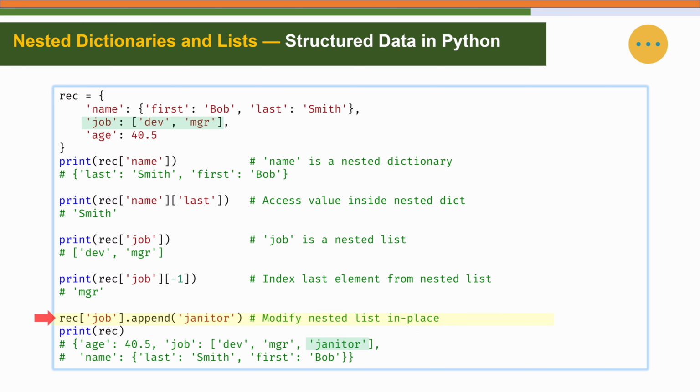So this is a key difference between lists and dictionaries, which are mutable, and strings and tuples, which are immutable. The nested model gives us both flexibility and structure that is perfect for representing hierarchical data like employee records, product catalogs, or JSON from an API.